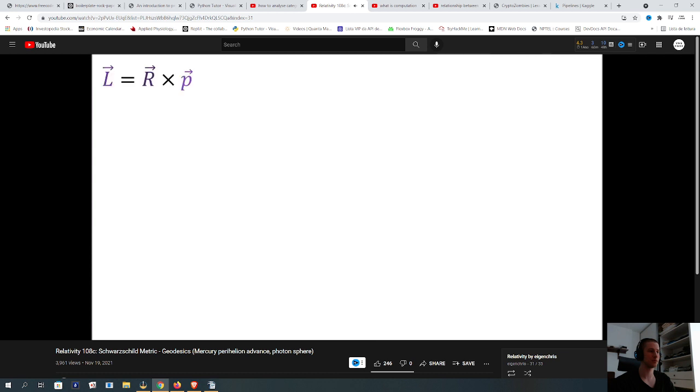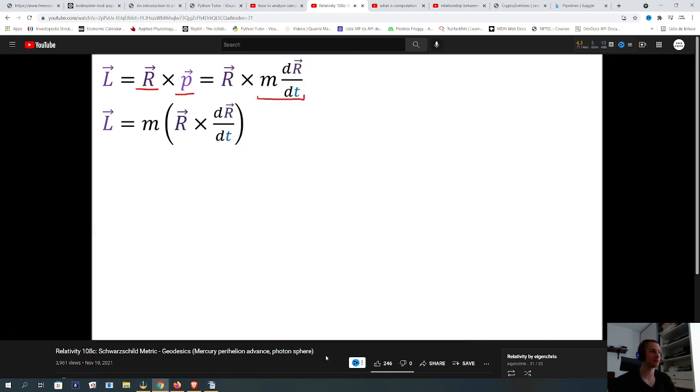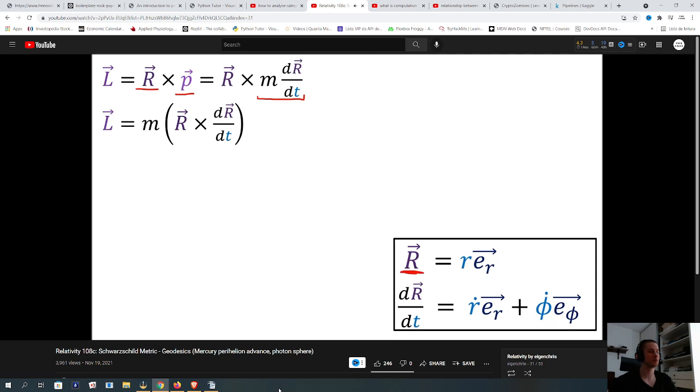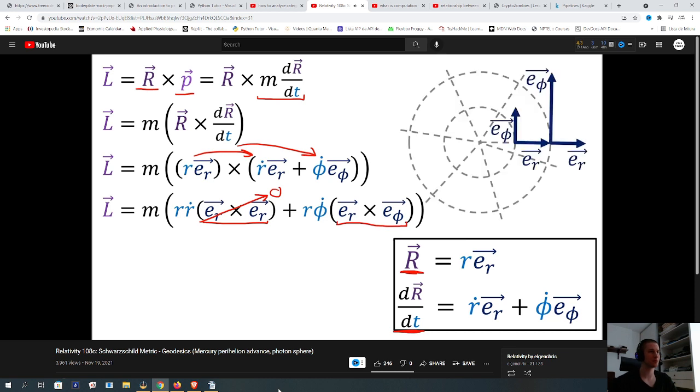We know that this planet's angular momentum vector L is just the cross product between its position vector capital R and its linear momentum p, which is mass times its velocity vector. If we sub in our formulas for the position and velocity vectors and distribute over the cross product, we know that the cross product of a vector with itself is 0, so e_r cross e_r is 0, and the cross product of e_r and e_phi is a vector perpendicular to them both, whose length is equal to the area of the parallelogram formed by e_r and e_phi.